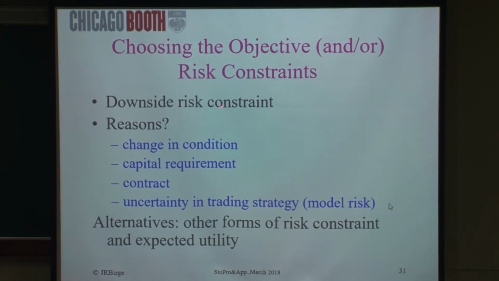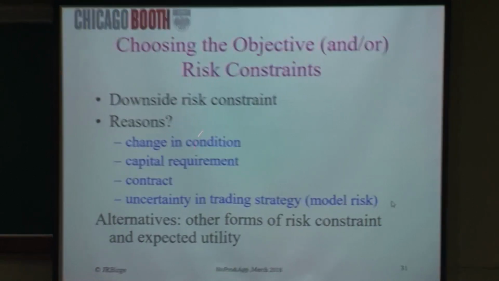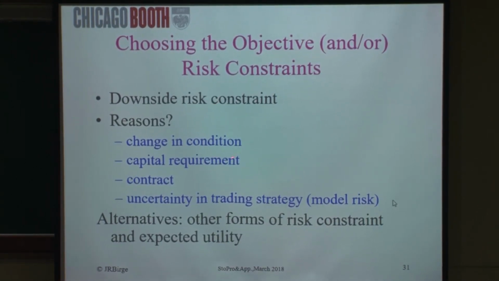So this downside risk constraint might mask what's going on in the model, and it prevents you from seeing that there's actually an arbitrage. Often you'll see that your model will say, oh, I have an unbounded solution. Unbounded solution means there's some kind of arbitrage.